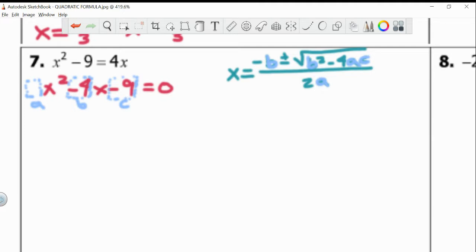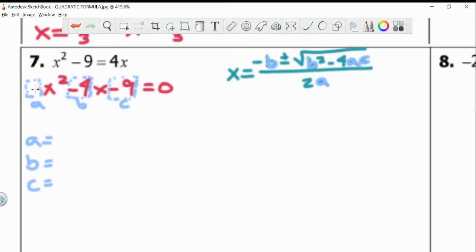I just said a moment ago, you've got to make sure that -4 is in between the x squared and the -9. That's also important because A has to be the term with x squared. B has to be the term with x, and C has to be the term with no x, okay? So that would mean, and I would recommend that you do this, especially the first couple times that you're doing a quadratic formula, let's go ahead and just identify what A, B, and C would be.